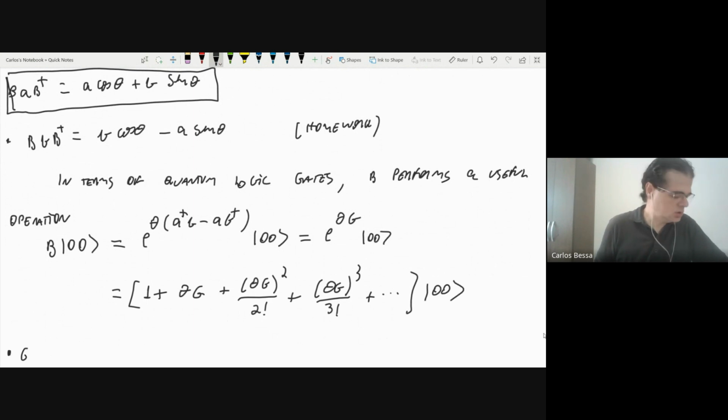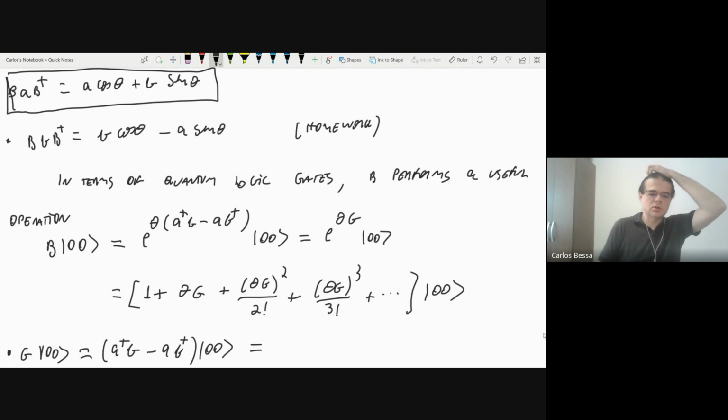So G applied to 0, 0, you'll see that it does nothing, right? Use the definition of G, a dagger b minus a b dagger applied to 0, 0.